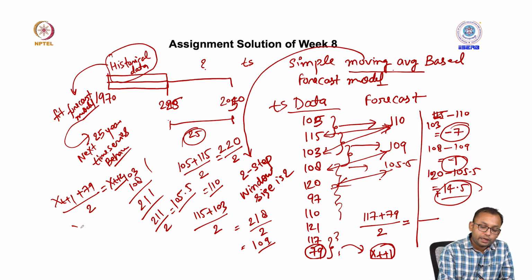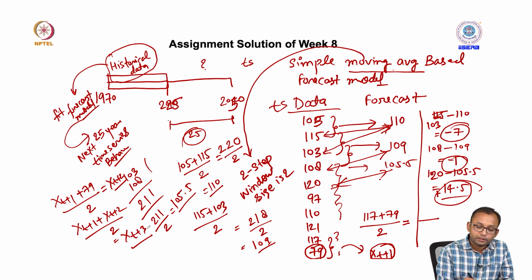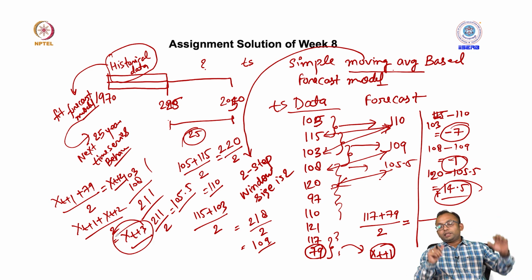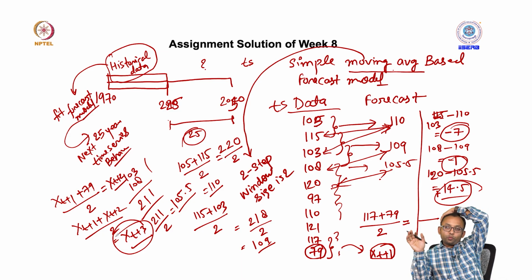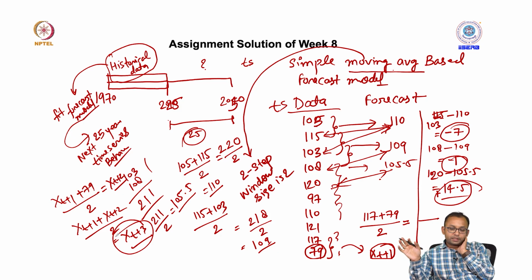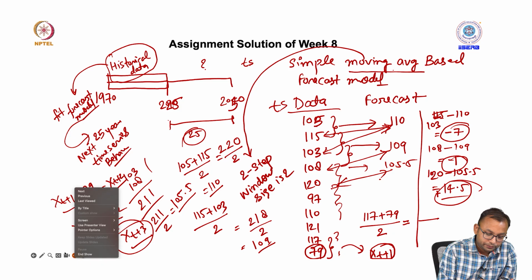Now, you can use x t plus 1 plus x t plus 2 divided by 2, that is another forecasted value x t plus 3. So, this is how basically you can use the simple moving average technique to do the forecasting of your model based on your time series data set.